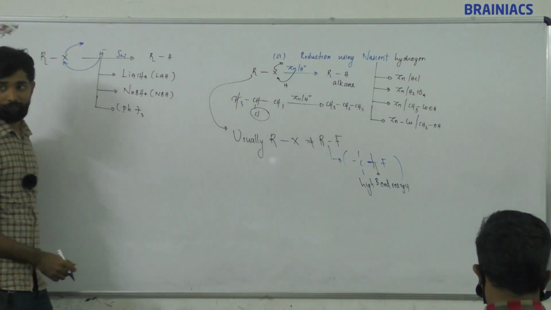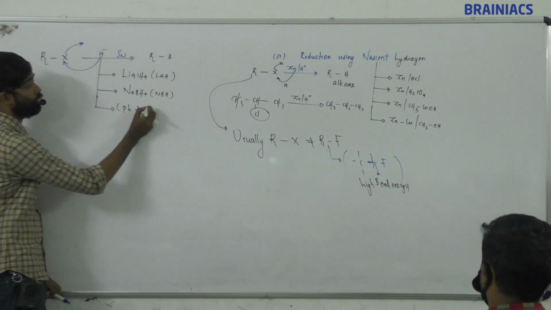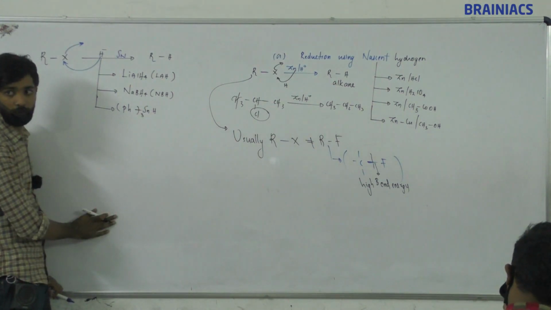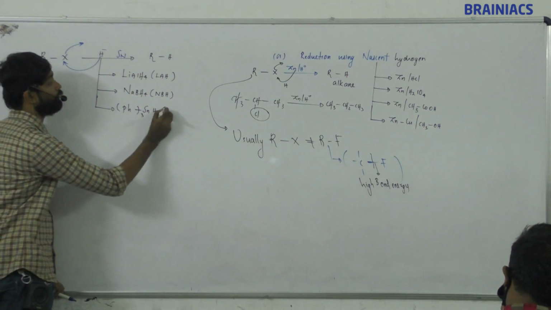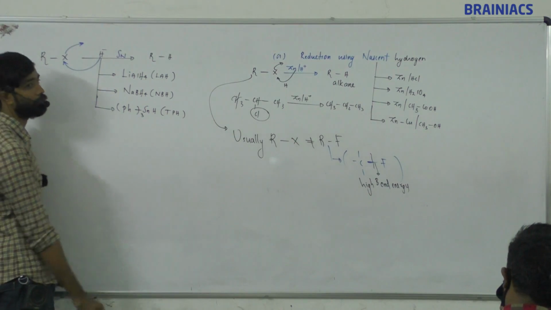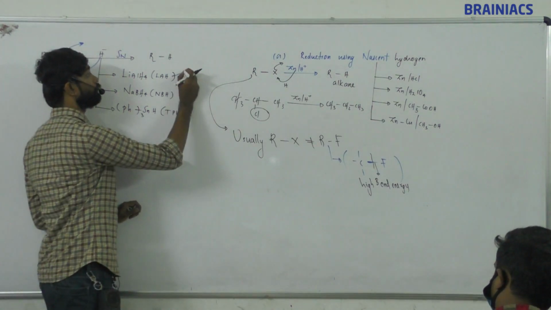Thrice means triphenyl. Your Ph is the benzene ring, phenyl. Triphenyl tin hydride, and this is abbreviated as TPH. So these three may be the hydride donors. Okay, but conditions are there.